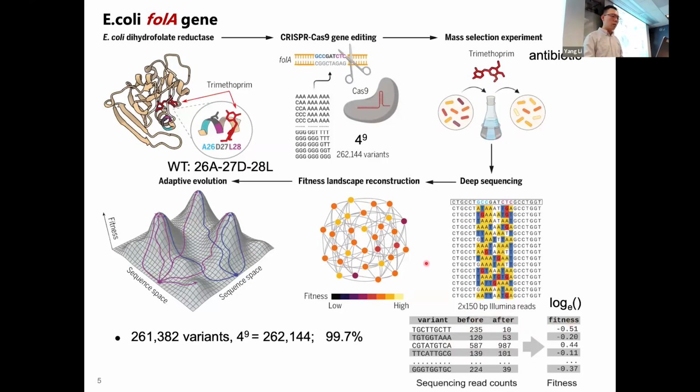Because the variants are connected with several step differences from each other, we could use this library to generate the fitness landscape. And when we visualize it, it looks like a 3D landscape like that. For the landscape, we have 4 to the 9 variants.